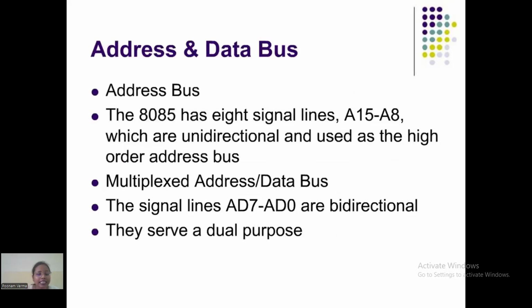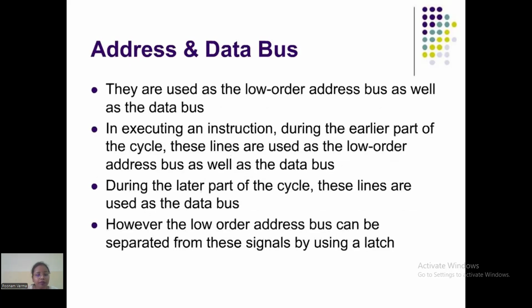There is a 16-bit address bus and an 8-bit data bus in the 8085 microprocessor, where AD7 to AD0 are responsible for carrying data and also address. They are used as the lower order address bus as well as the data bus, including the instruction, during the earlier part of the cycle.